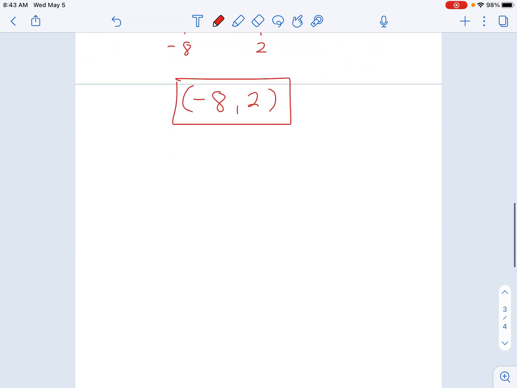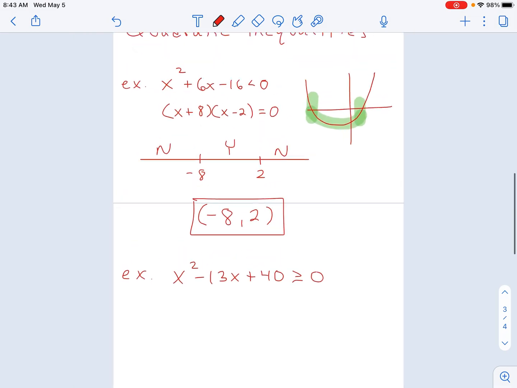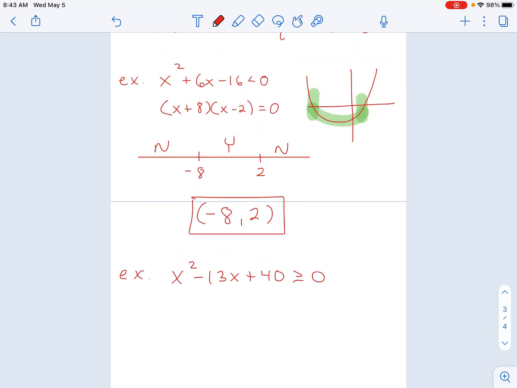All right, let me give you another example. So our next example, let's say we have x squared minus 13x plus 40 is greater than or equal to 0. So like before, I'm going to try and factor that.